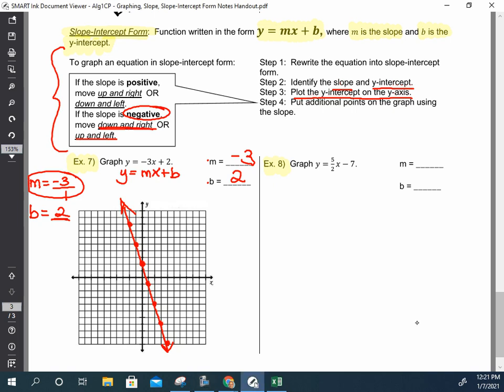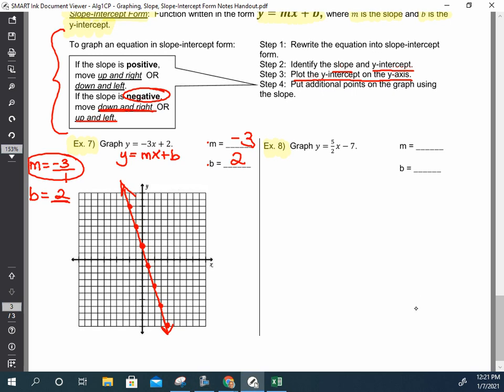So somebody tell me what the slope is. 5 over 2. And what's the y-intercept? -7. Remember, if you take the number, you have to take the sign that's in front of it. So both of those are good to go.